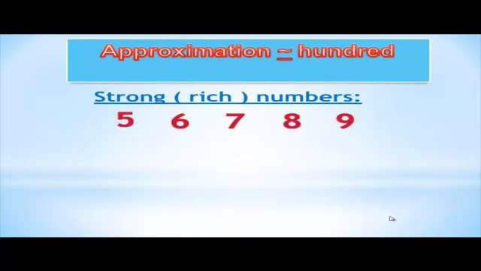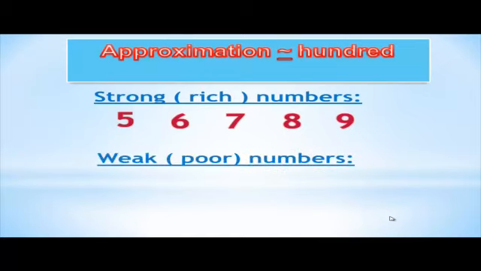Strong numbers give 1 to the next digit. And I also have weak numbers, or poor numbers. I will cancel them and replace them by 0, starting from 0, 1, 2, 3, 4.